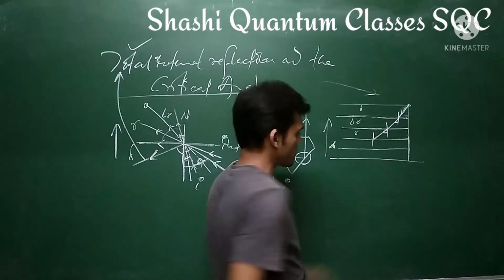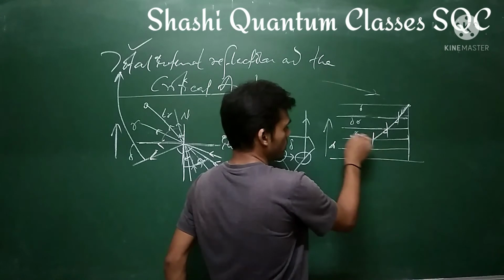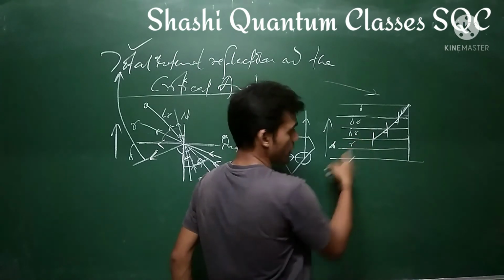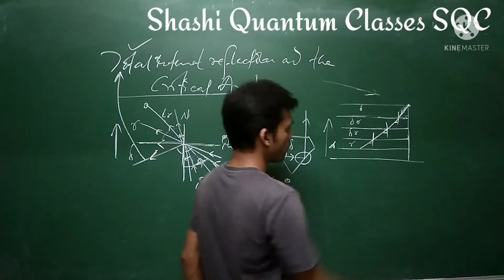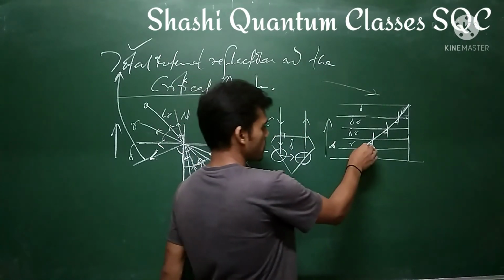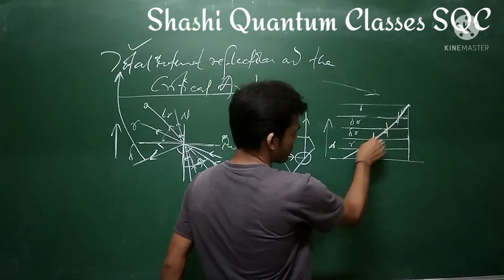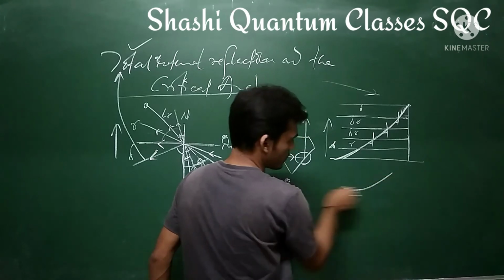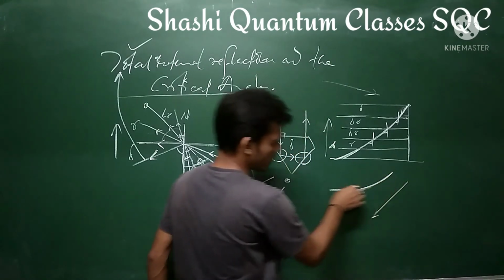For this interface, this will be the denser medium and this will be the rarer medium. So it will again go away from the normal. ये normal से धीरे धीरे हटता चला जाएगा and see, so this is not coming straight. The path bends like this. It was supposed to go in a straight line, but it bends like this.